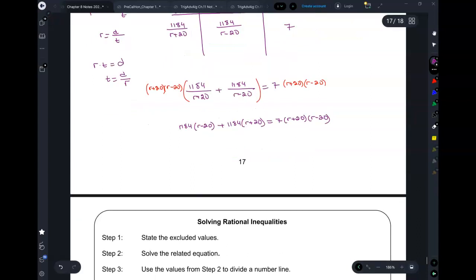Okay, so it's not that bad. Then you can cancel out the 20. Right. Well, okay, so look at, what is this? Well, that's just R squared minus 400. Okay, so let's start distributing this stuff. So we get 1184R minus 23,680 plus 1184R plus 23,680.